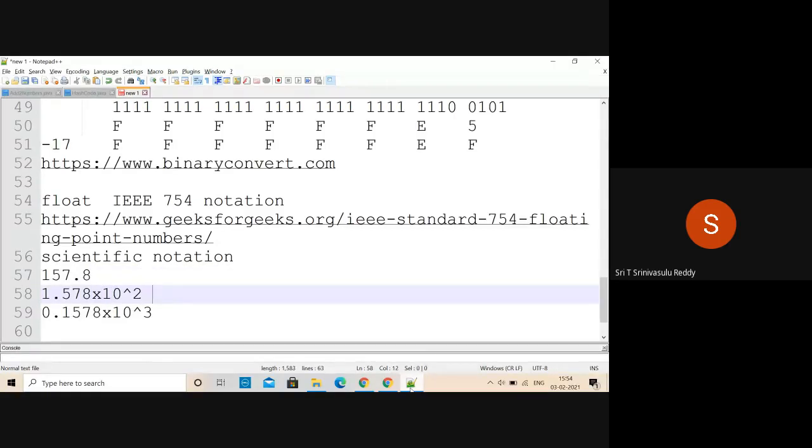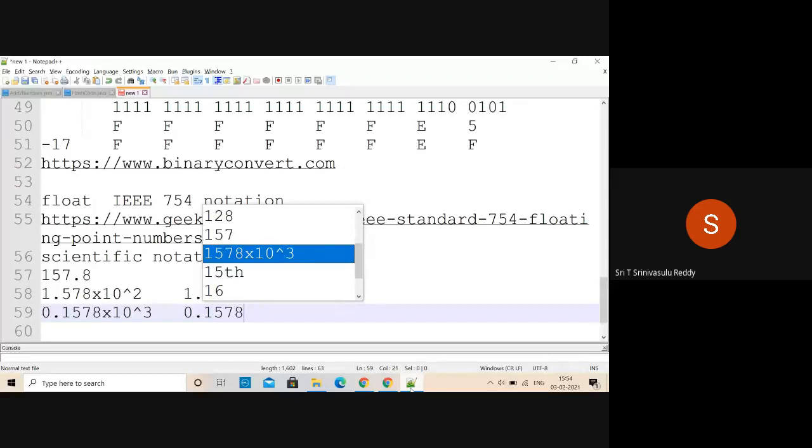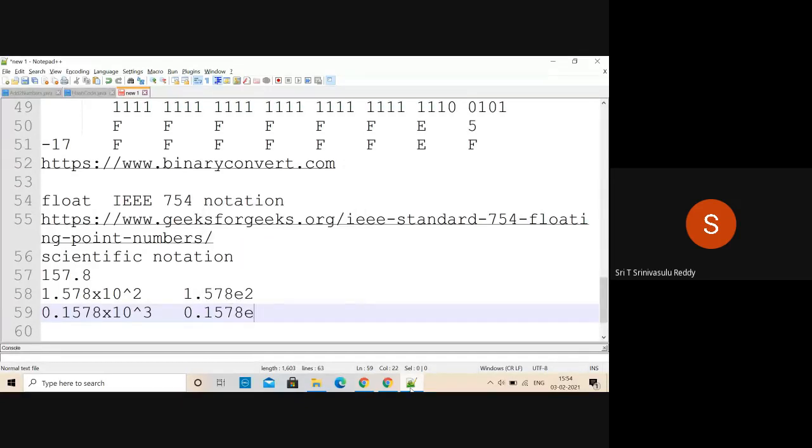This is also sometimes represented as 1.578E2, like this you normally write E2. And this is written as 0.1578E3.